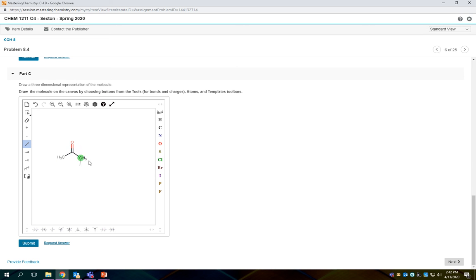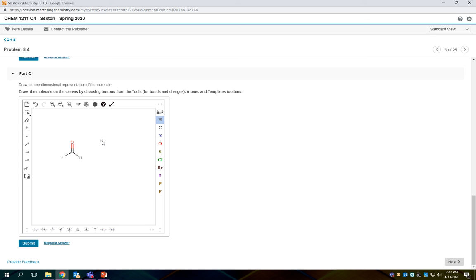carbon-hydrogen bonds. Again, with the bond tool, usually it inserts carbons by default, so we want this central carbon here to be attached to hydrogens. You might notice that the carbon here at the center of the molecule is no longer explicitly labeled.